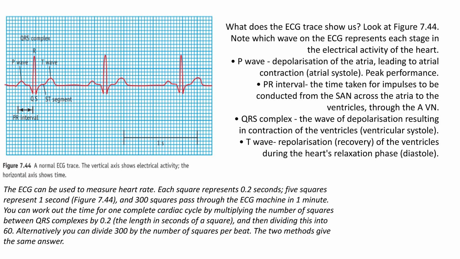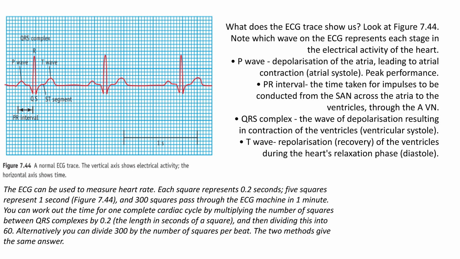So that is the slight delay, the PR interval, the time taken from the sinoatrial node to the ventricles through the atria.